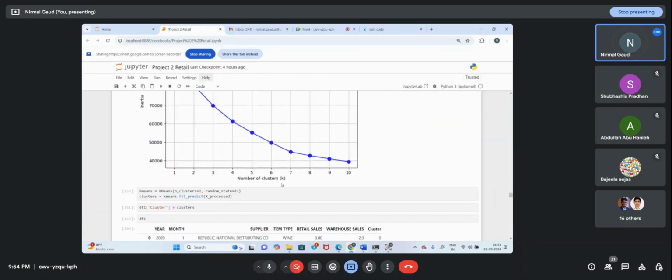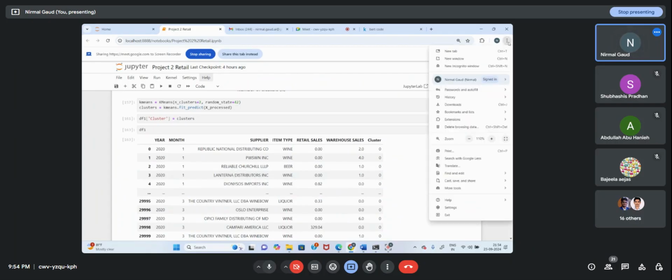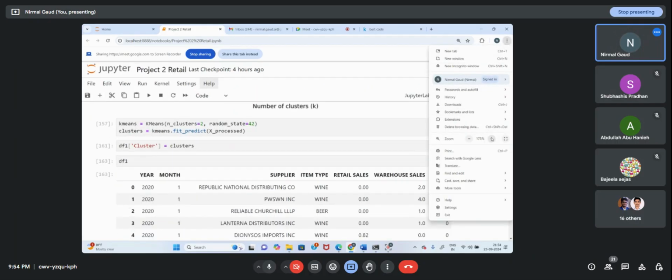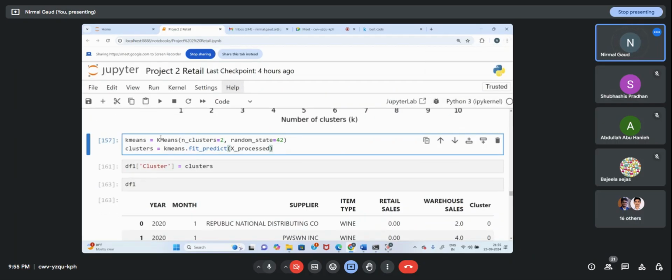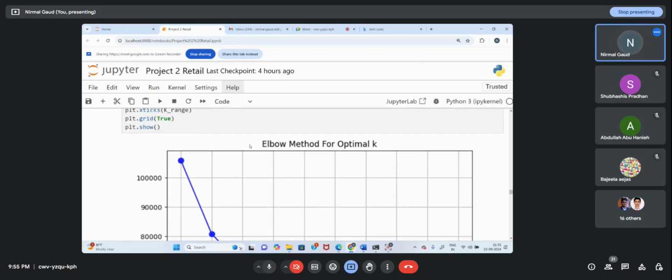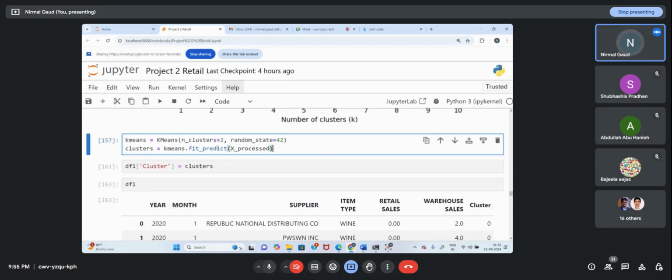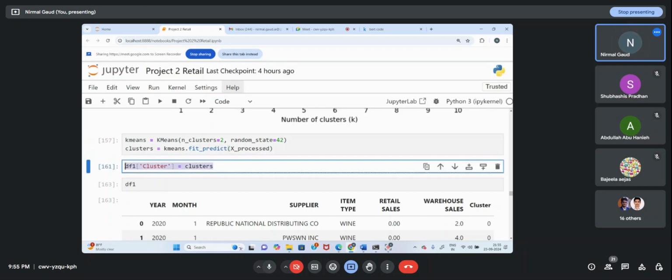Okay, fine. So here, after finding the optimal number of clusters, I put the value number of clusters equal to 2 in K-means, and found that 0 and 1 are the two clusters present. I added this cluster into my data frame, df1 cluster equal to clusters.